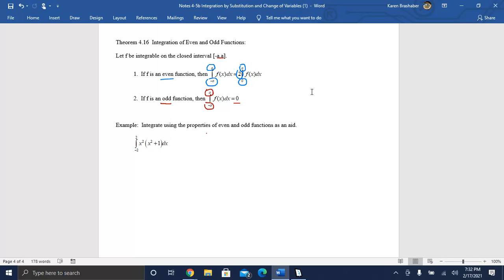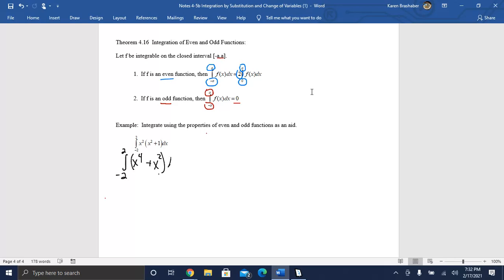So just very quickly, I'll do this last problem. I'm not going to do it by substitution, but I am going to notice that I have something that I can multiply out. So I have the integral from -2 to +2 of x to the 4th plus x squared dx.